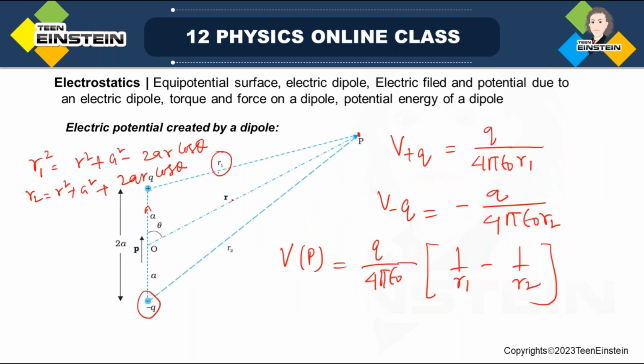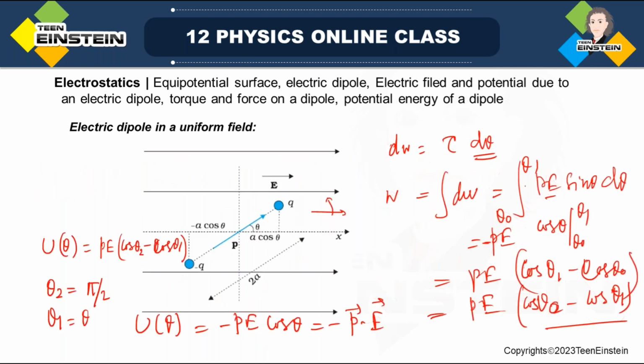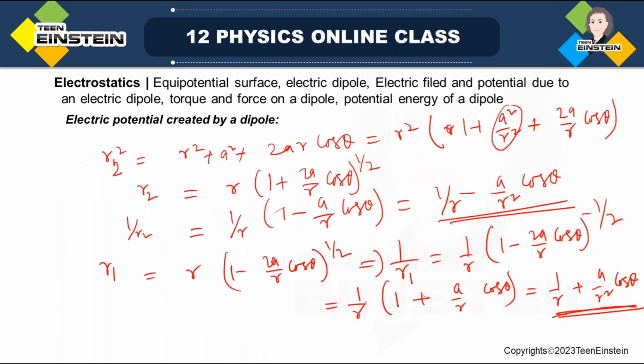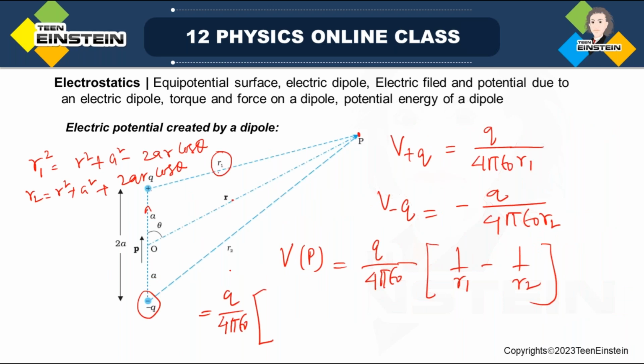So now if we put it here, what is the value we are going to get? Q by 4 pi epsilon naught, 1 by r plus a by r square cos of theta. What about r2? That was like this, and here it was minus, this will be plus.